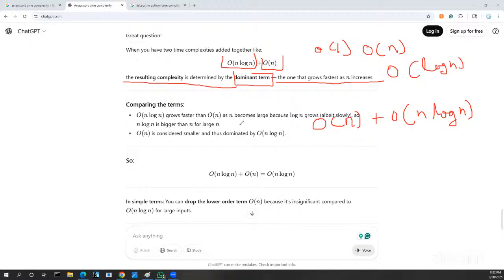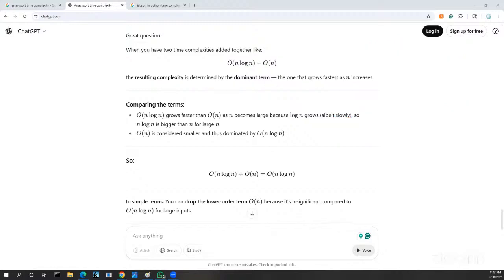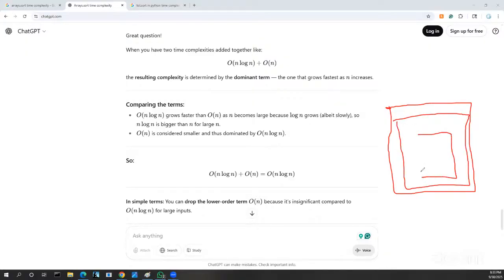I think this is how you have to look at it. Take a very generic example, not related to coding. If you have a container, and multiple containers inside it, to determine how big the object is, you always measure by the outer container in terms of height and size. You disregard the rest.